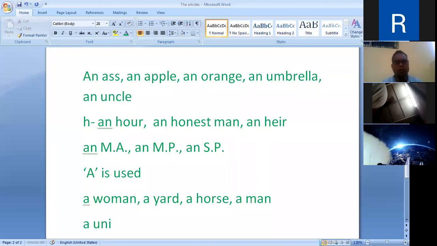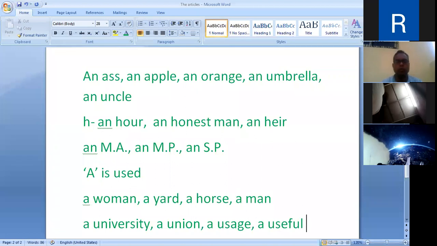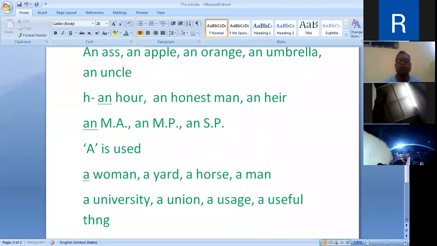A union, a usage, a useful thing, a European.